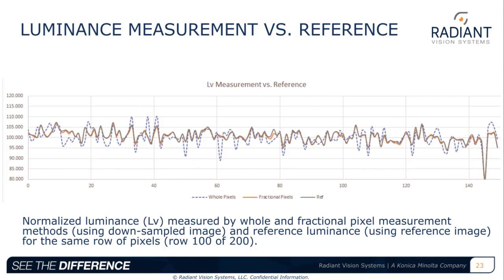We can see measurements of the fractional pixel method, the solid orange line, and the reference method, the solid gray line, closely match each other across the row of pixels. On the other hand, the measurements captured by the whole pixel method, the dotted blue line, exhibit a noticeable deviation from the reference values.